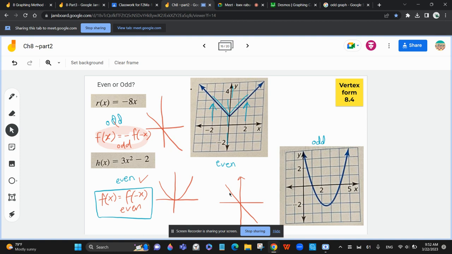And this one is not even, and it's also not odd, because, yeah, on the x.